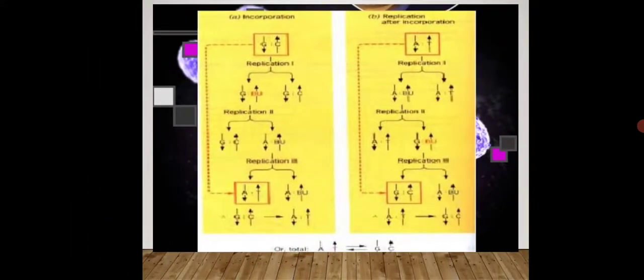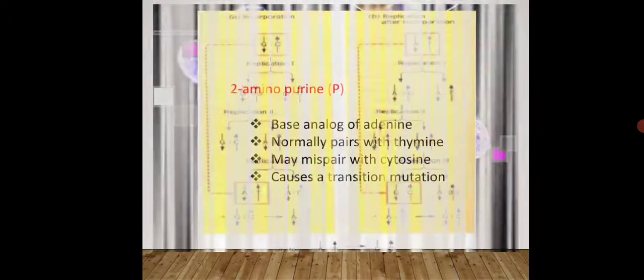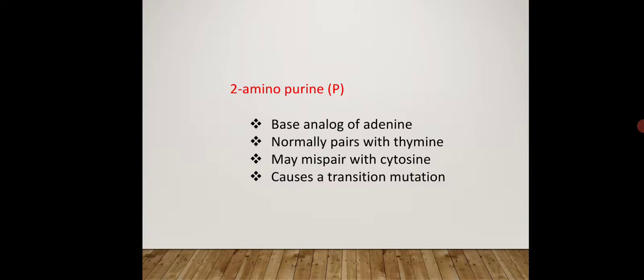This is the daughter strand, this is the parental strand. During the second replication, AT is normal, so we will leave that, and the rare form, cytosine, will get attached. To the cytosine, guanine will attach. At the third replication, from AT there will be generation of GC. That is how AT to GC conversion and GC to AT conversion take place. Second is 2-amino purine.